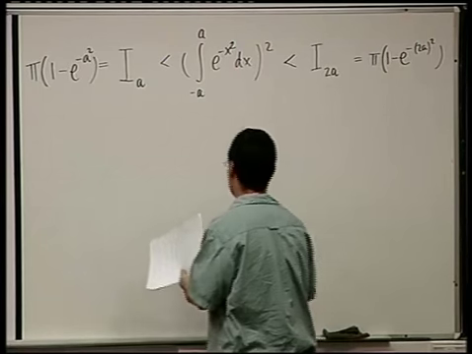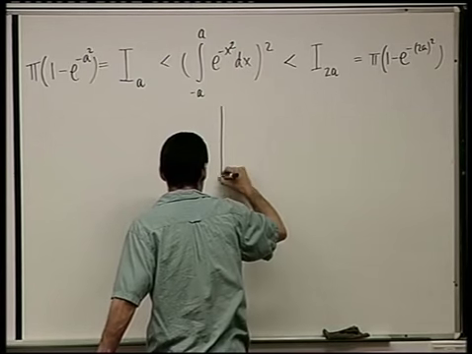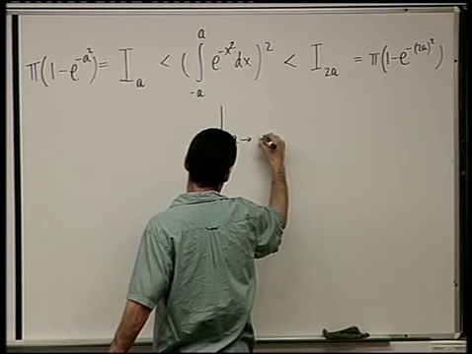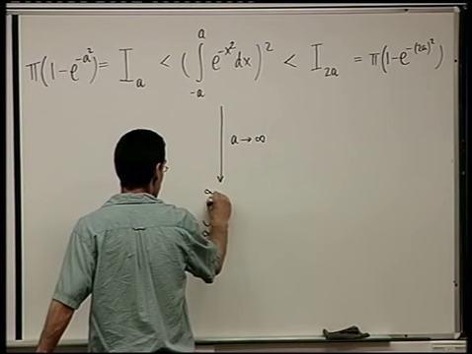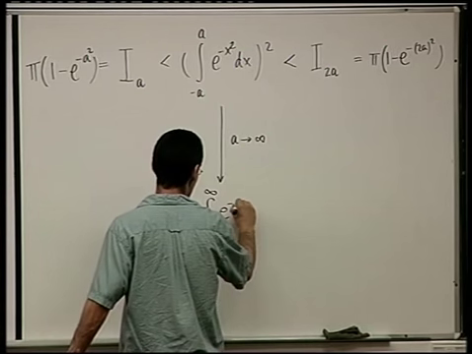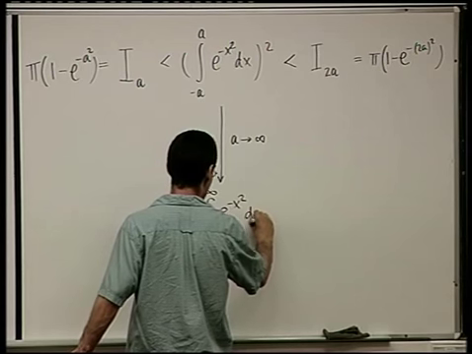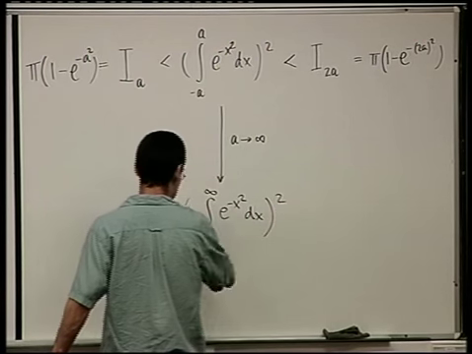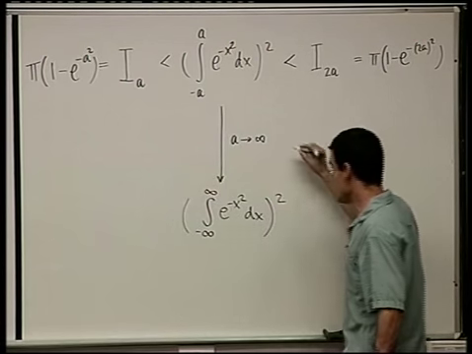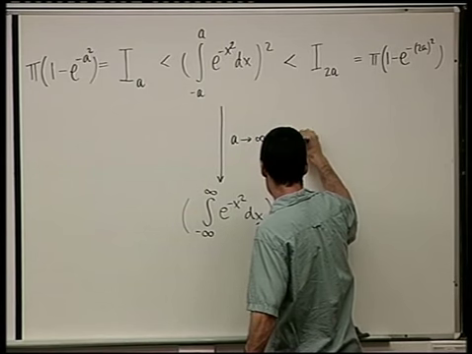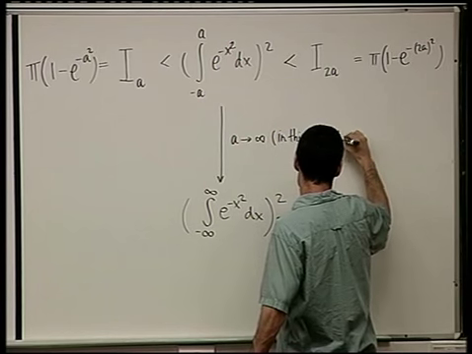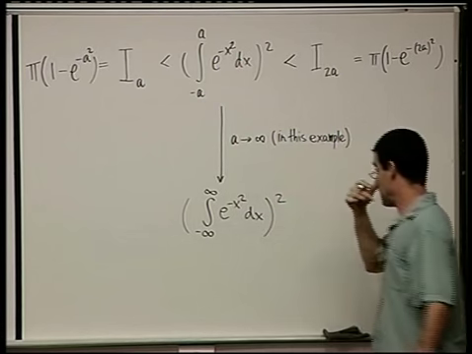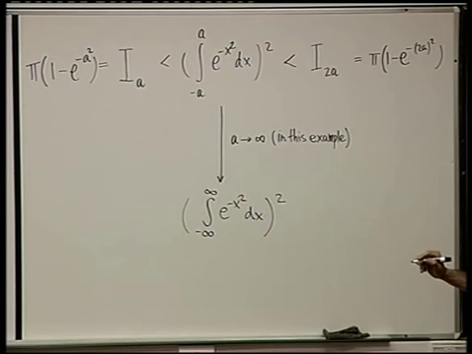Specifically in this example, as a goes to infinity, this goes to the integral from minus infinity to infinity of e to the minus x squared dx, squared. Okay? And this is in this example and not in general. Okay? Do you agree?